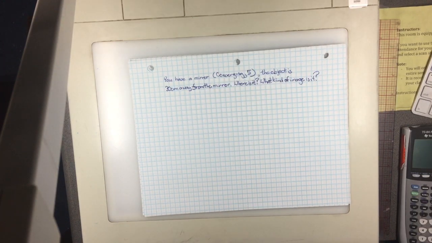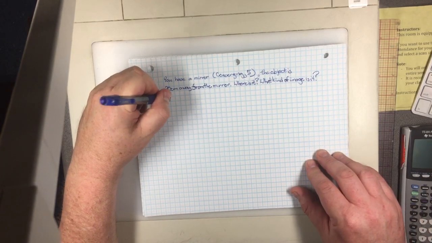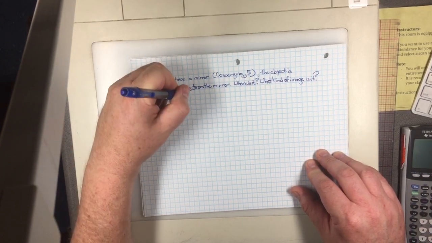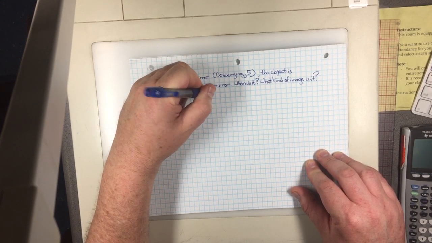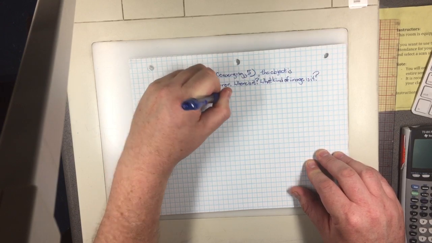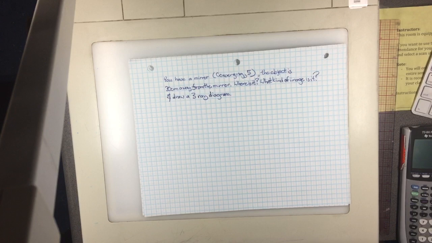And we'll go over the varieties of descriptions and draw a 3-ray diagram for this. In the test, and we'll talk about the reason why I'm going to do 3 here, you're going to do only 2 rays on the test. It's a bit overkill for the 3rd ray. In homework, you do the 3 rays because you got a lot of time. In the test, it's a little bit limited.